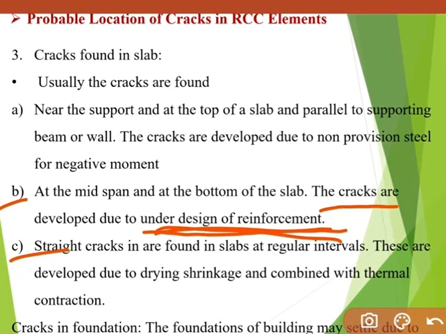Straight cracks are found in the slab at regular intervals. These are developed due to drying shrinkage combined with thermal contraction. So because of thermal contraction, there may be straight cracks in the slab.